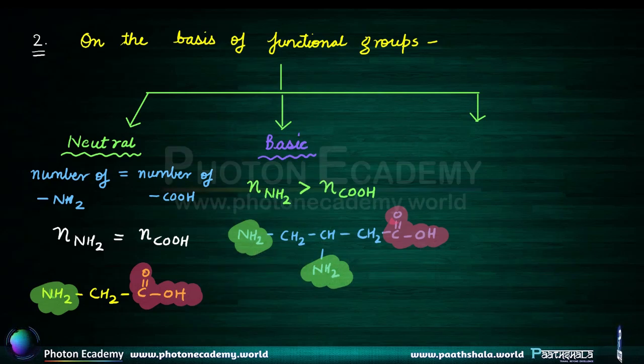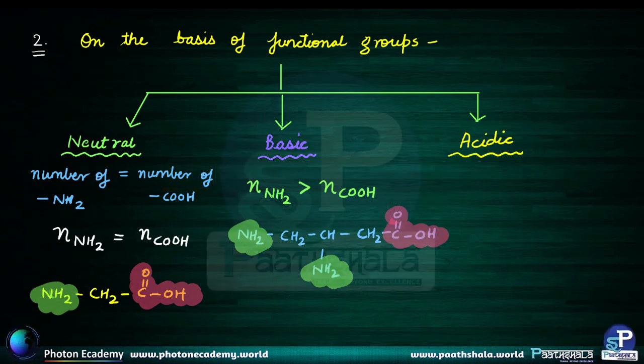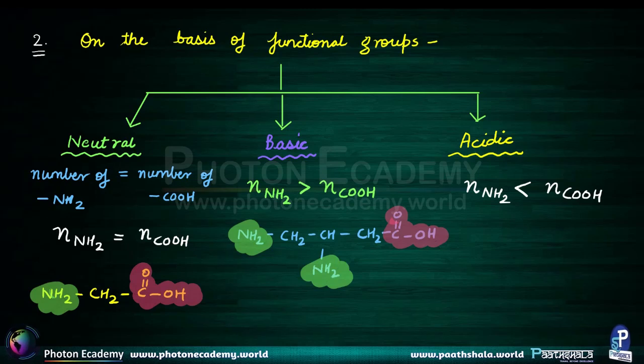Now the third category: if we have basic, we can also have acidic amino acids, and in acidic amino acids the acid will be more, so the number of NH2 will be less than the number of COOH groups, and thus they are known as acidic amino acids. A good example would be if we have more COOH groups.